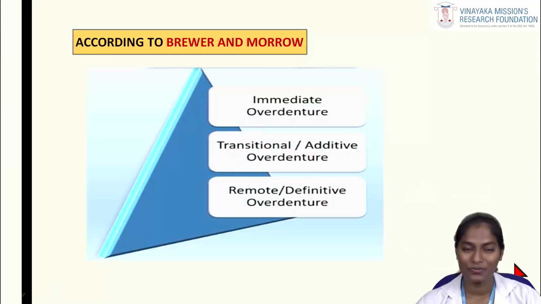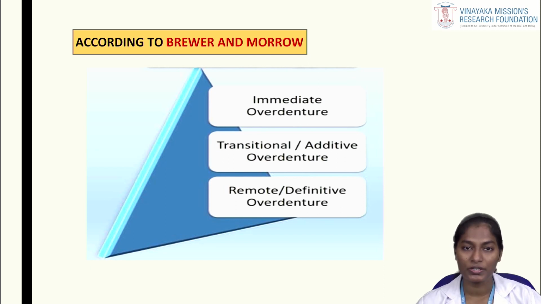The most common classification of overdenture was given by Brewer and Morrow. He classified the overdenture as immediate overdenture, transitional overdenture and definitive overdenture. Immediate overdenture is constructed for insertion immediately after the removal of natural teeth. This immediate overdenture is usually advised for the patient who maintains good oral hygiene and also has regular professional supervision.